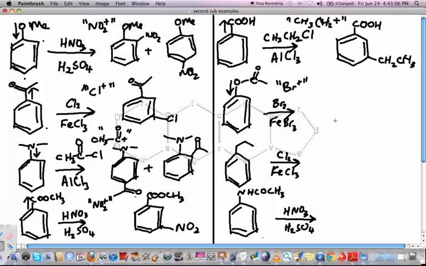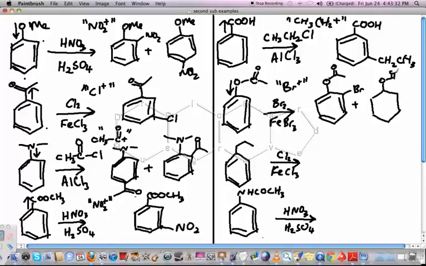And now we can go ahead and draw our products, which are going to be ortho and para products. So we'll have a Br here, and we will put a Br down at the bottom here as well. So ortho and para to that group.